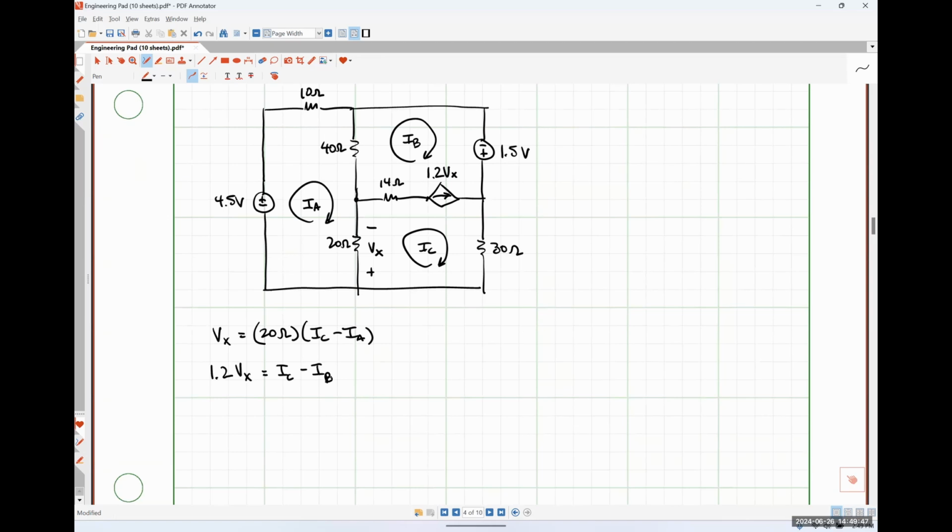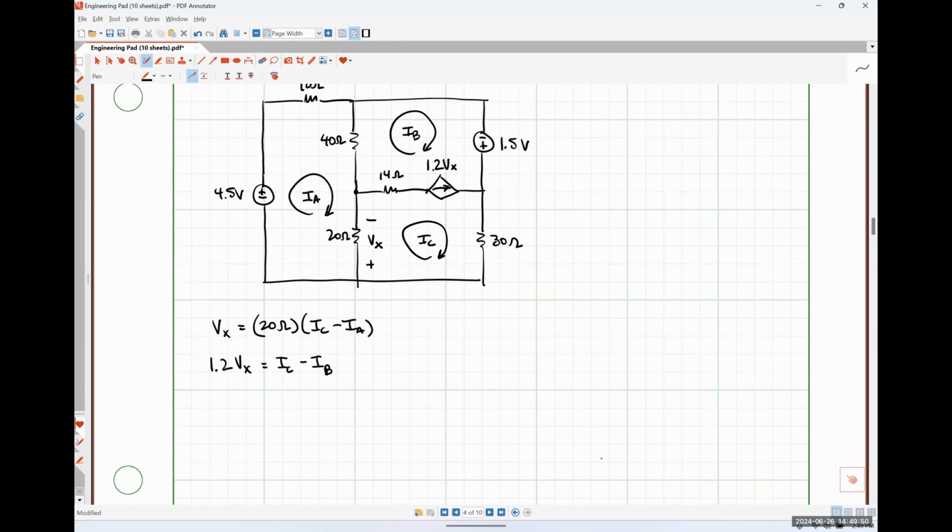Now I'm going to write my KVL equation around my supermesh BC. That's going to look like 20 ohms times IC minus IA plus 40 ohms times IB minus IA minus 1.5 volts plus 30 ohms times IC is equal to 0.